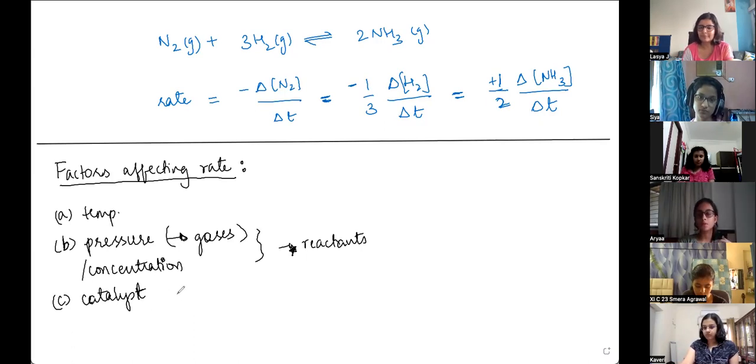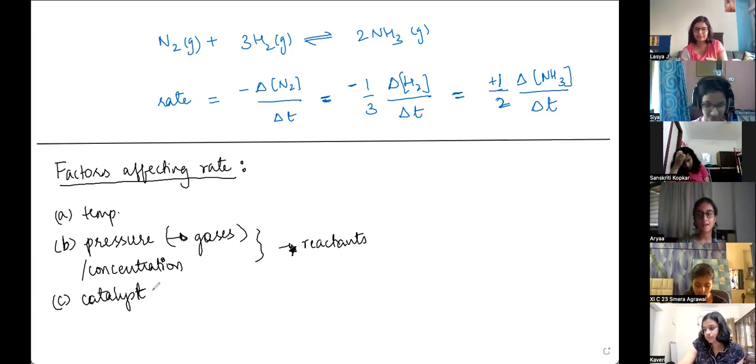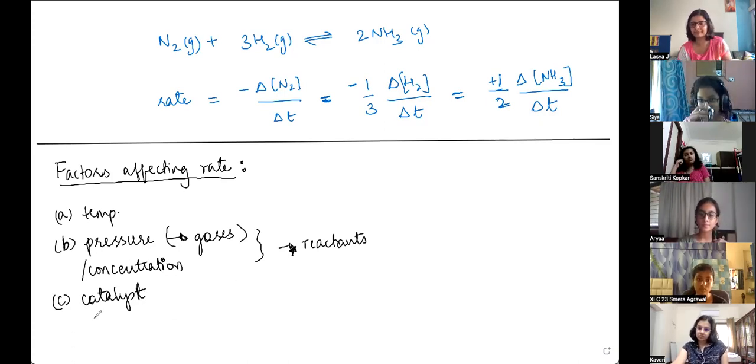Does a promoter also affect the rate because it helps in making the catalyst work better? Yeah, all of that comes under the same thing. So promoters, poisoners, inhibitors are similar to catalyst, but work in reverse. All of that is the same category.